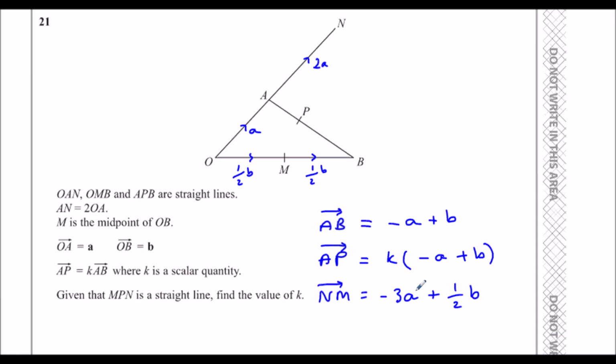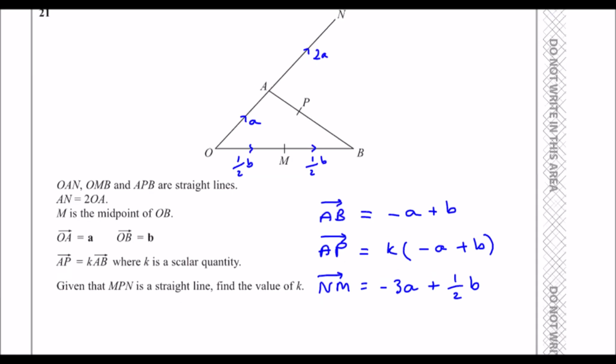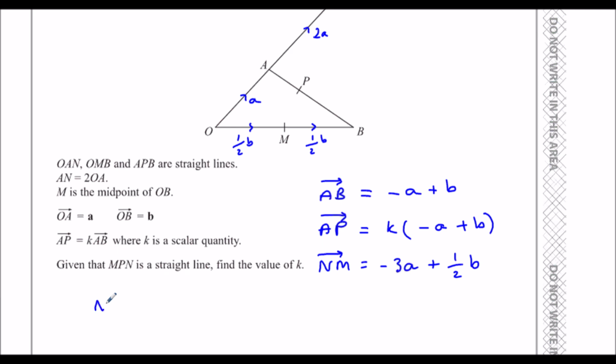So there's N to M, and we know N to P must be a fraction of that, because they're on the same straight line, which means they go in the same direction, just by a different amount. So N to P must be a fraction.